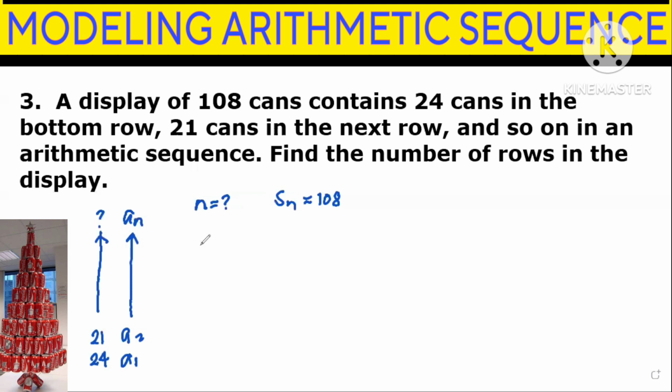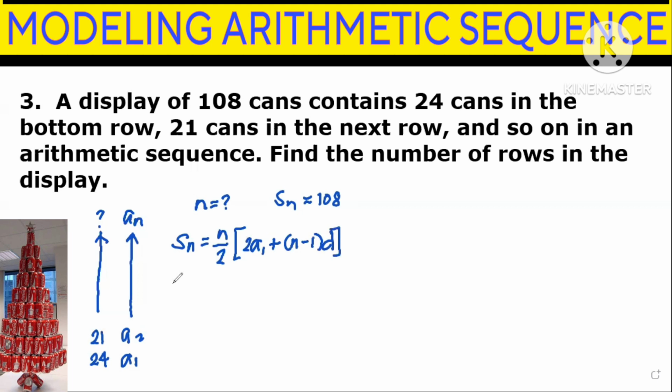Now, to solve for n, since the last term is not given, we use the second formula for the series, no? Which is S sub n is equal to n over 2, 2 times a sub 1 plus n minus 1 times d.